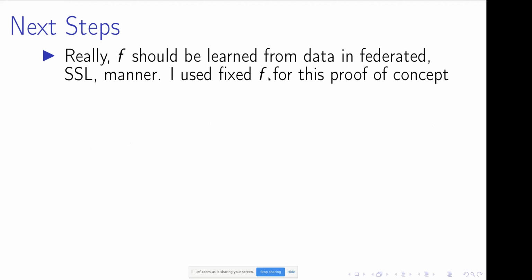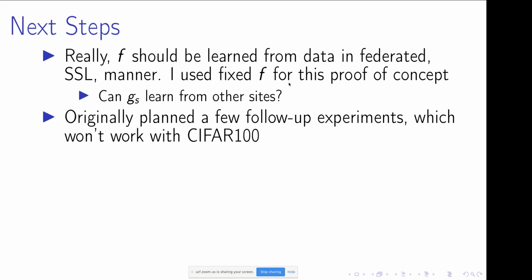I used some fixed F for a proof of concept, and I do wonder if there's a way that I could learn these G's using information from other sites. And I have some planned follow-up experiments, but those won't exactly work on CIFAR-100 because the CIFAR-100 sites are really random. It's not good.